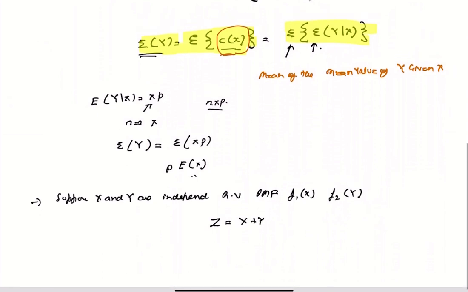And if we consider a statement that the conditional PMF of z given x is equal to x is f2 of z minus x.